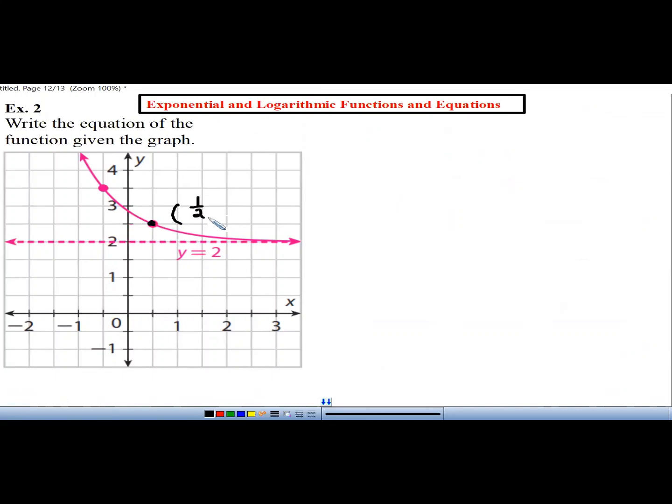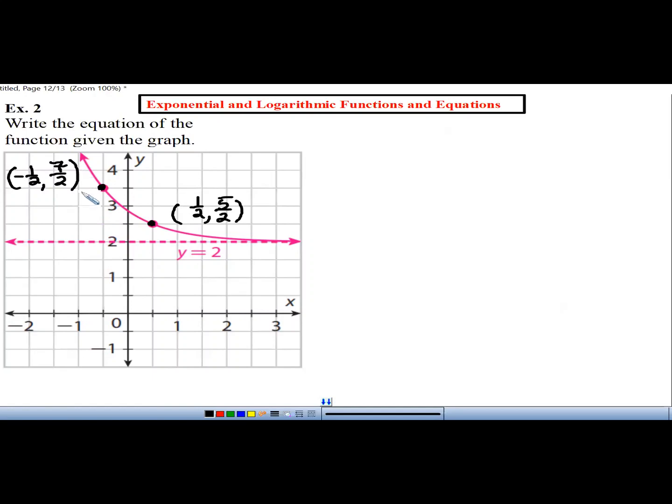So it's 1/2, comma, 5 halves. That's this one. This other one over here is at -1/2, comma, 7 halves.